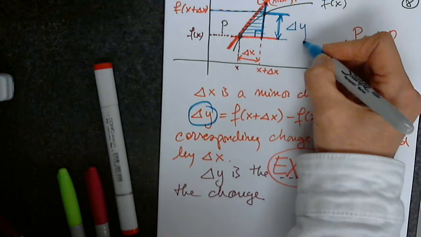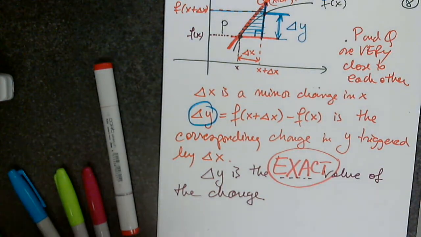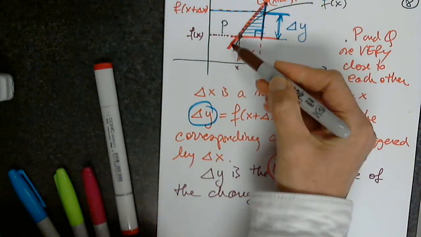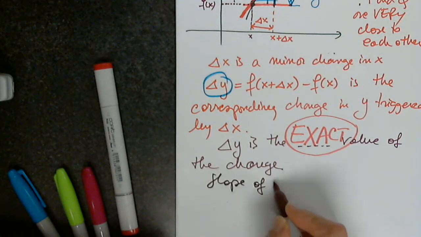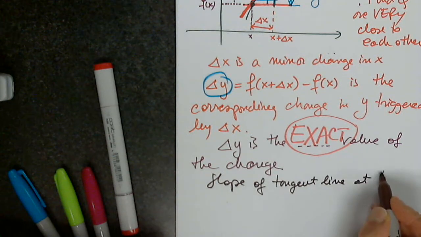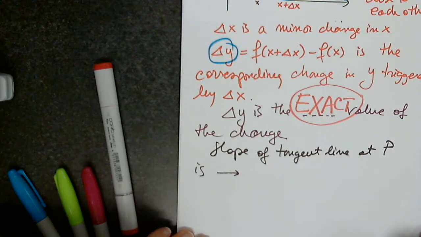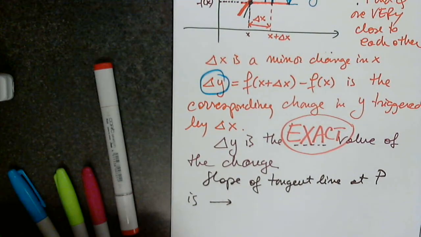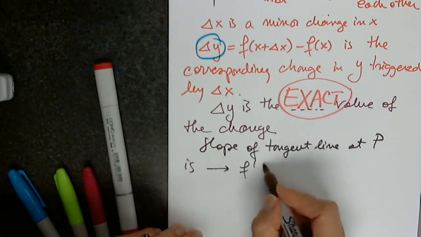Good. Perfect. Okay, now, can anyone give us the slope of the tangent line at P? Slope of tangent line at P is f prime of x. Thank you very much.